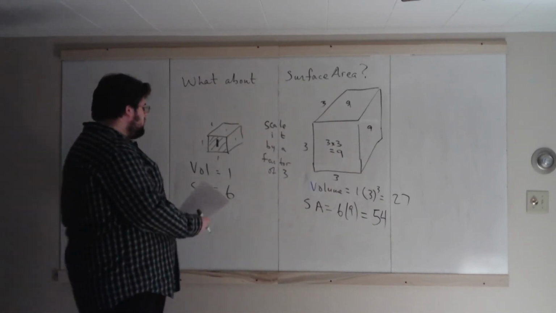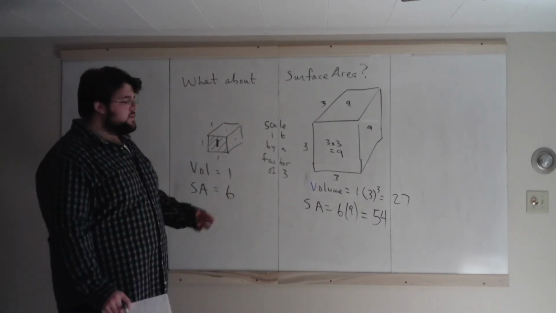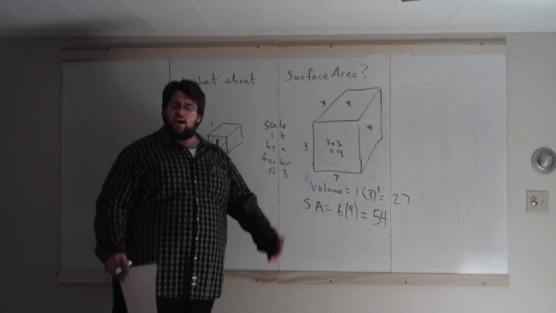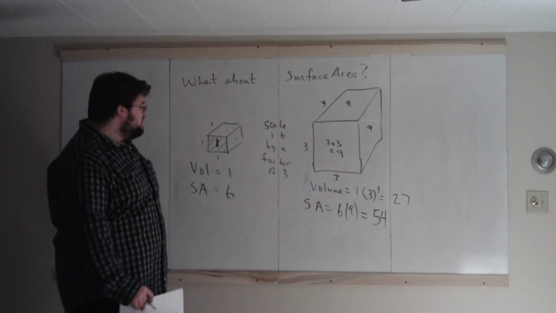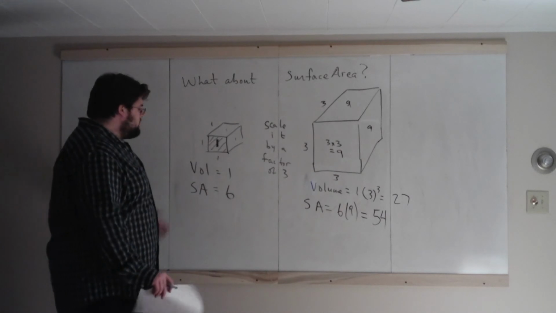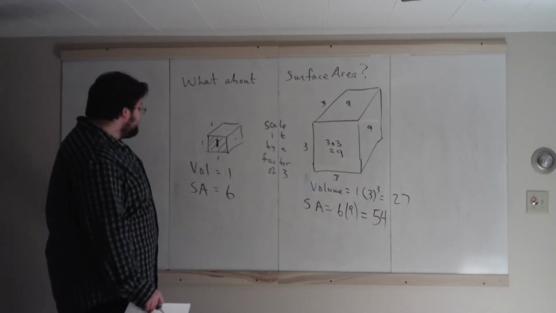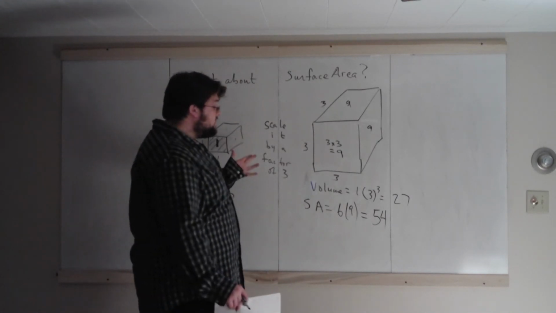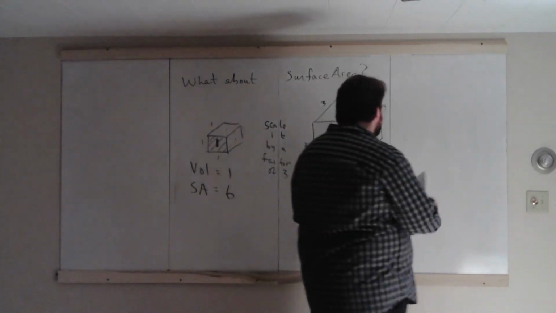Now, the volume went from 1 to 27. The volume went up by a factor of 3 cubed. How did the surface area go? It went from a surface area of 6 to a surface area of 54.